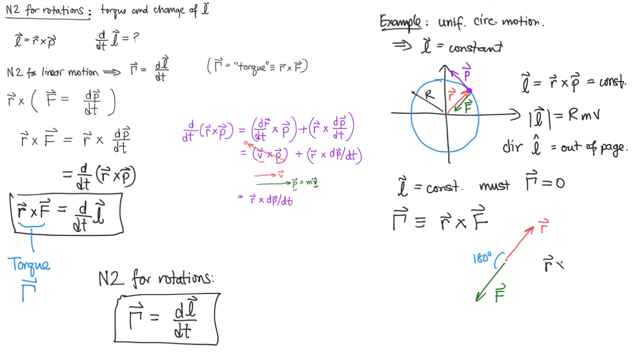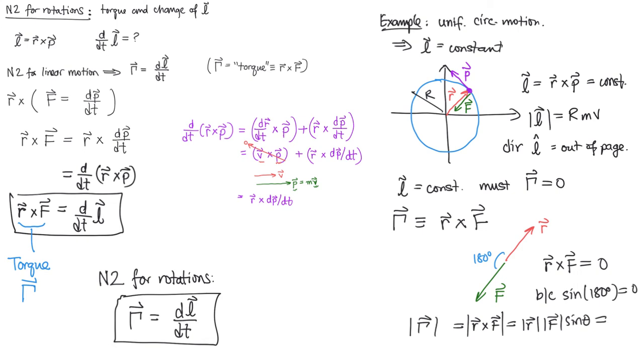So r cross F is going to be 0 because the sine of that 180 degrees is 0, and the magnitude of r times the magnitude of F times the sine of theta is the magnitude of r cross F. So indeed, there is no torque in this example, and there is no torque not because there's no force, but rather because the force and the position vector to the force are anti-parallel, and therefore there's no torque that results from that force.